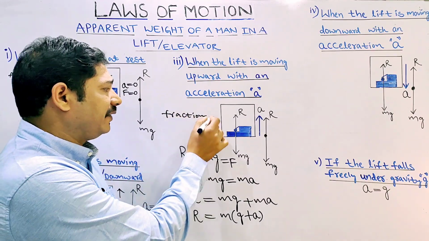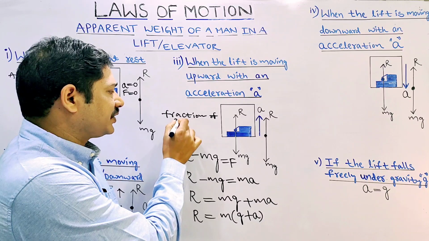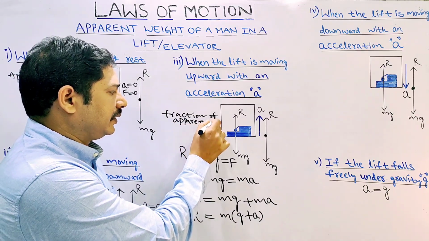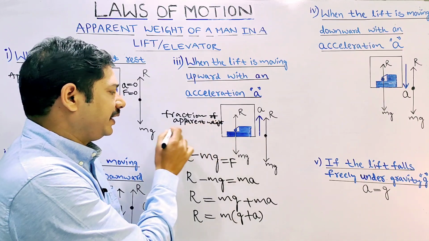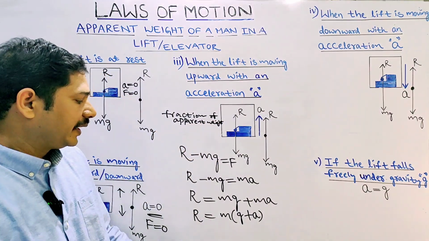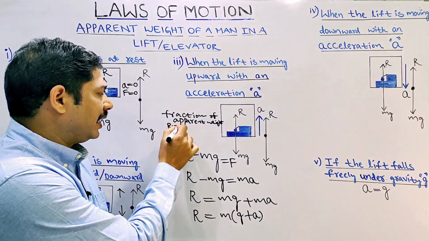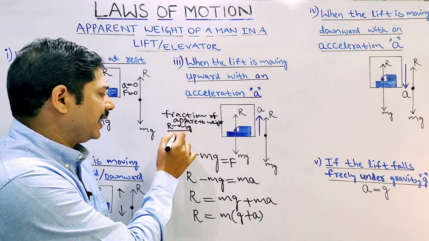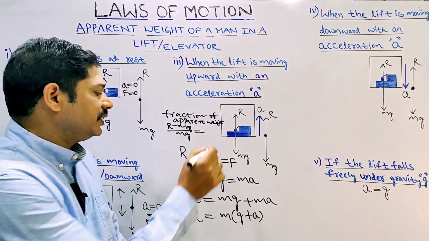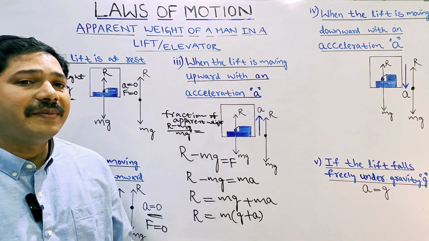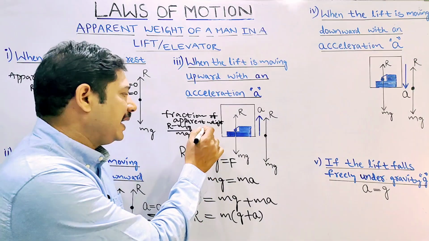For the fraction of apparent weight increase, we take (R minus mg) by mg. R minus mg is ma, so ma by mg, and m gets cancelled, giving a by g.